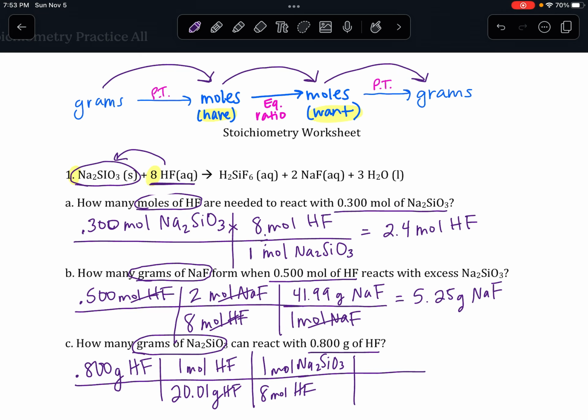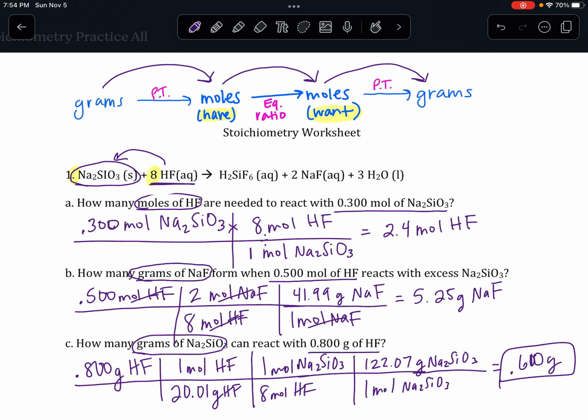In 1 mole, if I add up my molar mass, I get 122.07 grams of sodium silicate. If I multiply the top and divide by the bottom, I end up with 0.60, or 0.610, sorry, 0.610 grams.